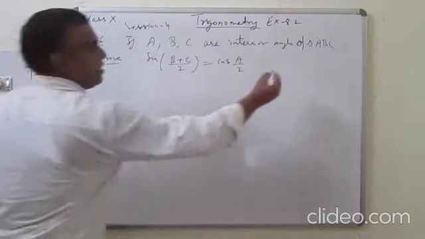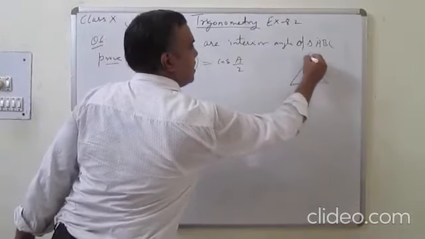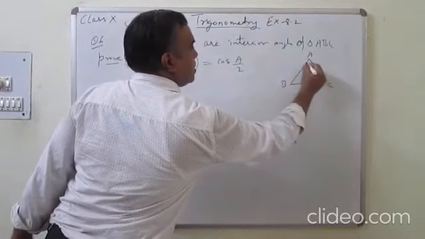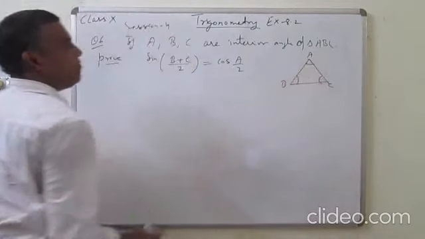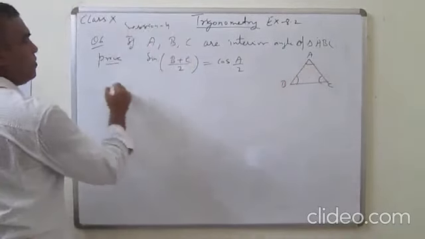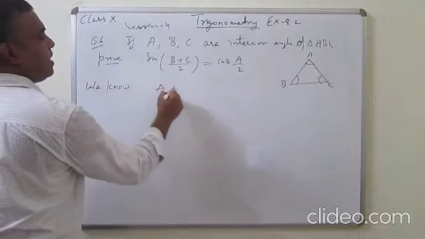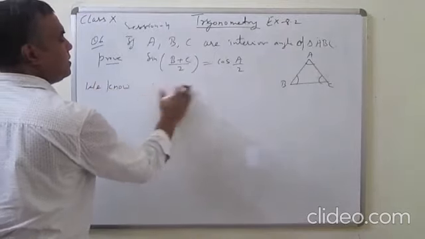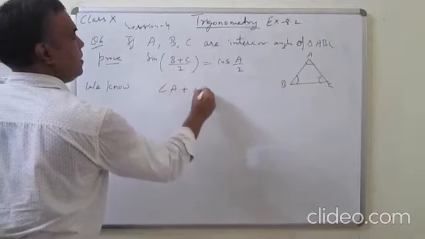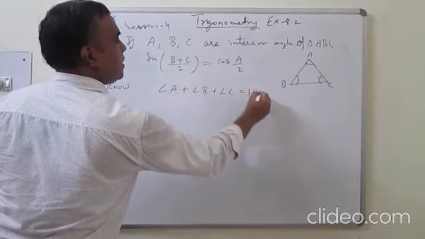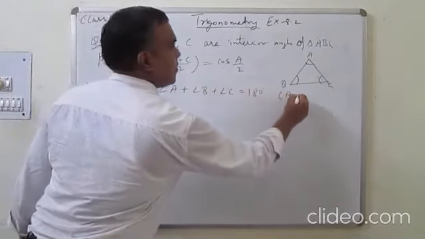Now see here, these are interior angles of the triangle. This is triangle ABC. We know that the sum of interior angles, angle A plus angle B plus angle C, is equal to 180 degrees. That is the angle sum property.